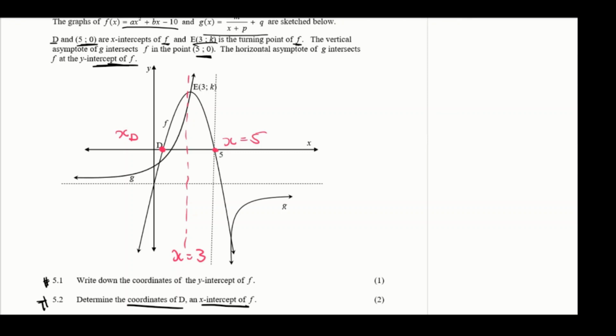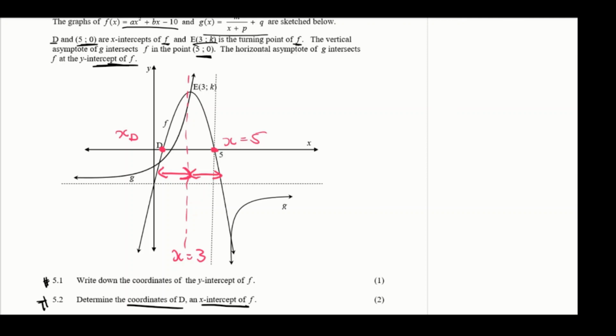So what we can do is find the difference between x of D and the turning point, which will be equal to the difference of the turning point and this 5 here.